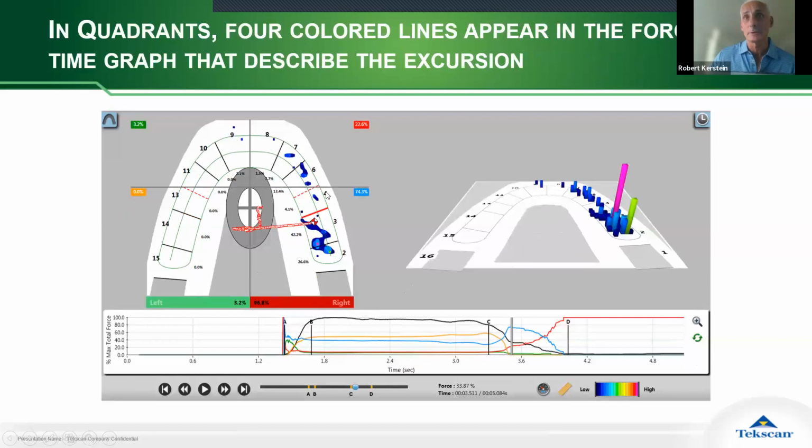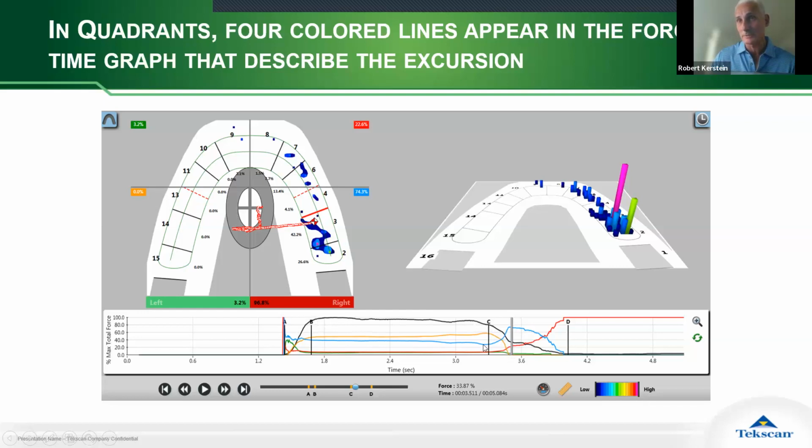We have a posterior right blue quadrant. So the blue line represents the forces in the posterior right quadrant, and the orange line represents the forces in the posterior left quadrant. So here, the patient's biting down, holding their teeth together. When they go to the right, the balancing side, the left side, drops out, and you see at this point in the movie where the timeline is, there's no more balancing contact.